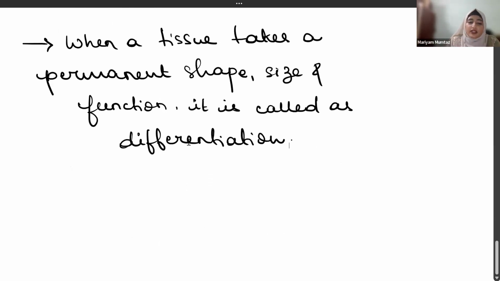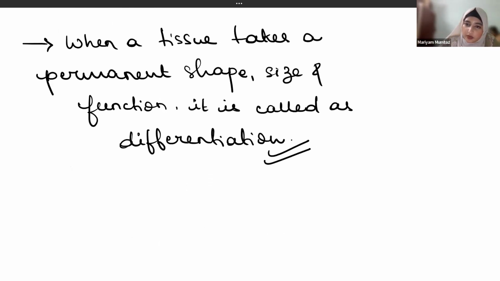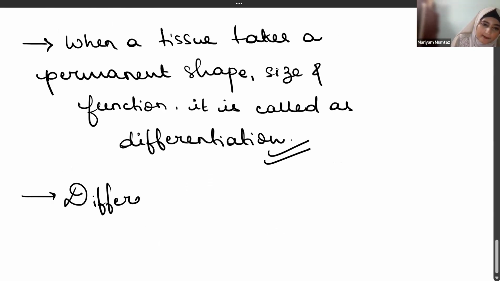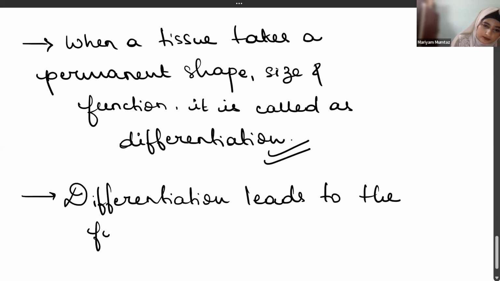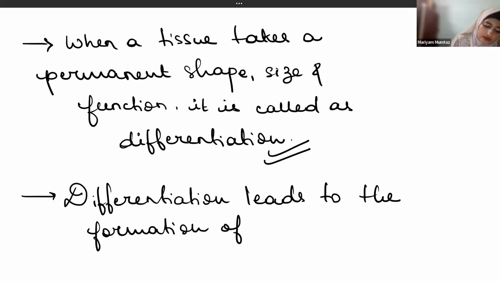Now see, because of this process of differentiation, different types of permanent tissues are present. So differentiation leads to the formation of different permanent tissues.